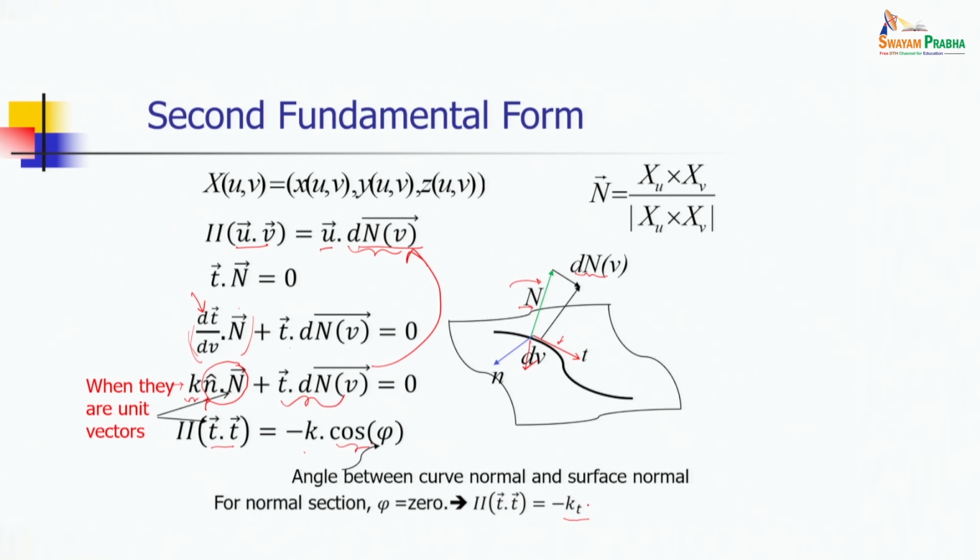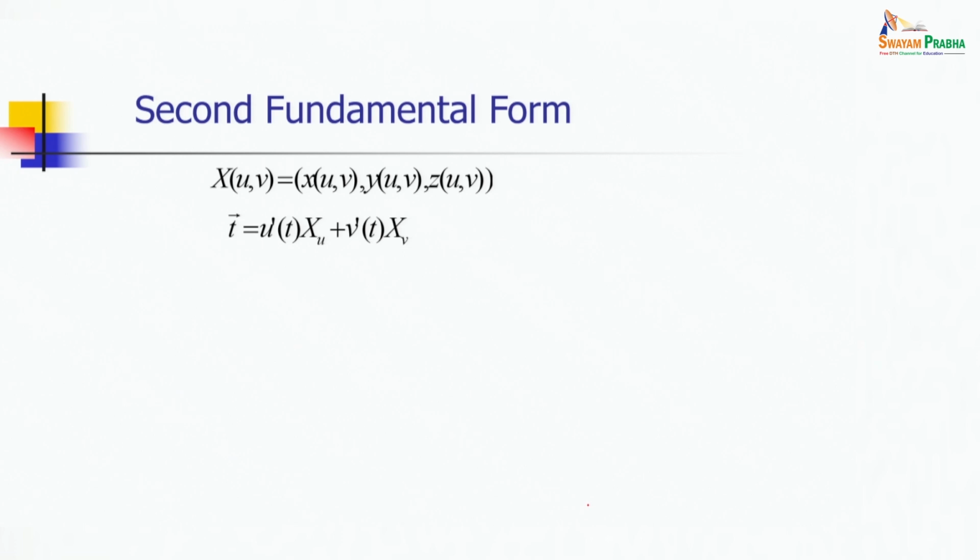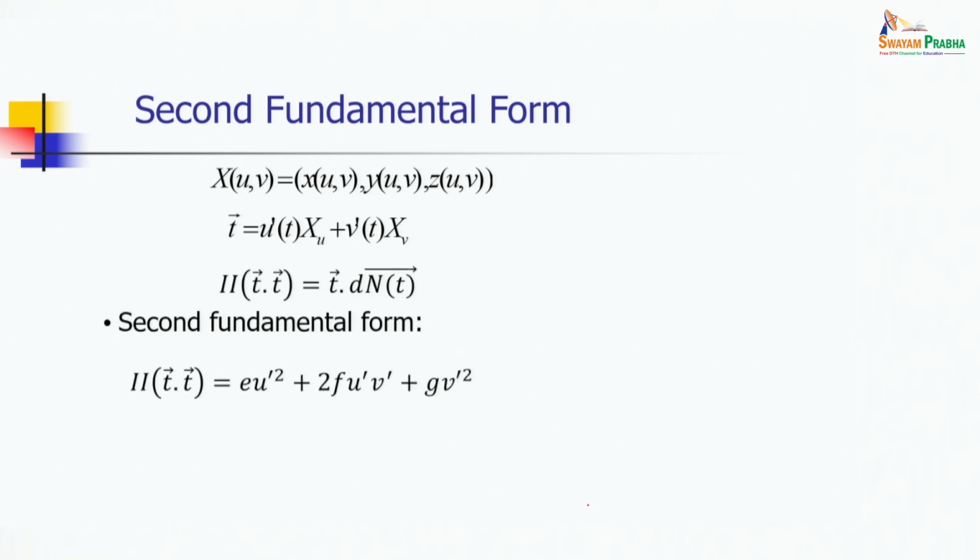So when we measure it this way, this is called normal curvature, as I mentioned. When we express these things using the respective differential geometric quantities, that means all those derivatives, the second fundamental form can be simplified into this form. Once again, almost similar structure.